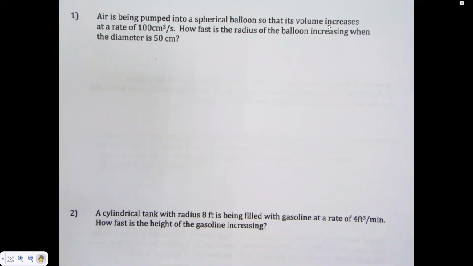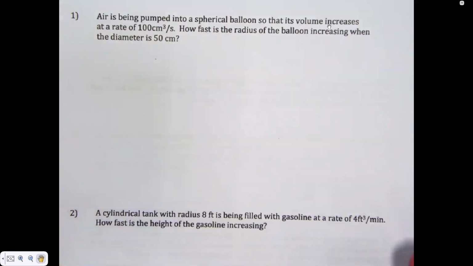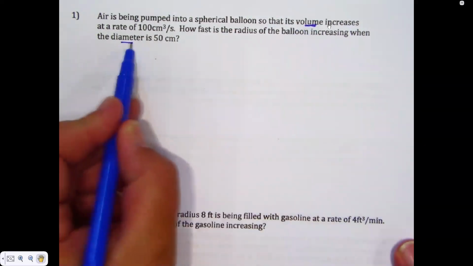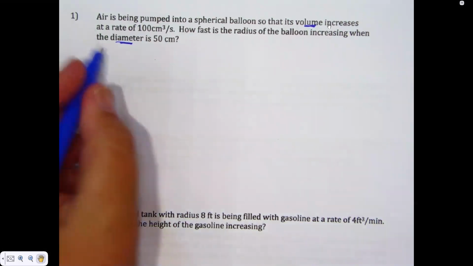So step 1 says we got to figure out an equation that relates volume and diameter or radius, either one. Does anyone know what that is? That is a formula for volume, because guess what the formula for volume is?